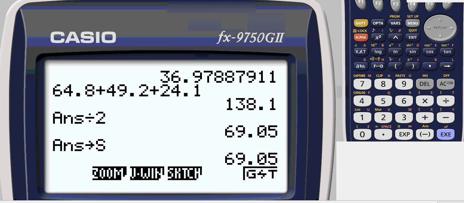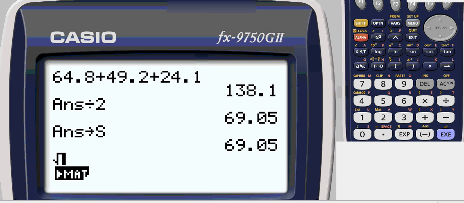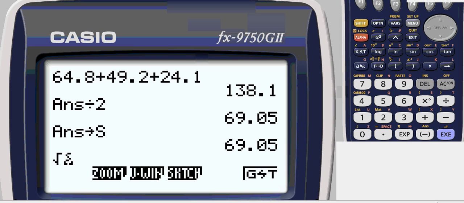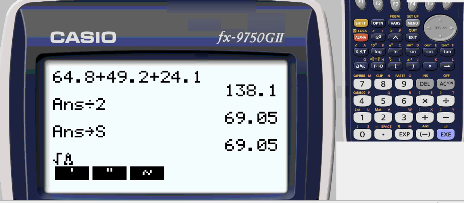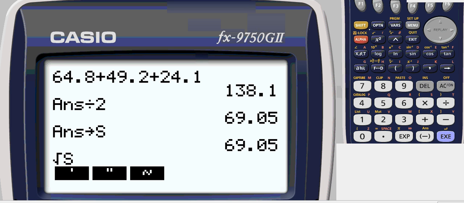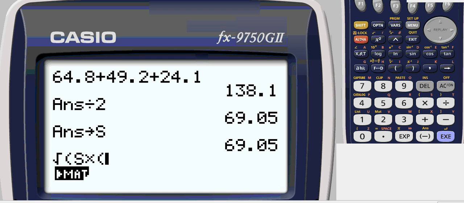Then the formula states that we do the square root of S and some parentheses here. Times S minus A, which was 64.8.